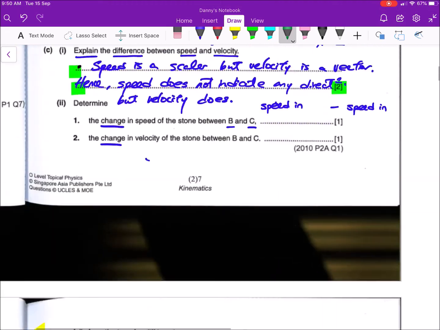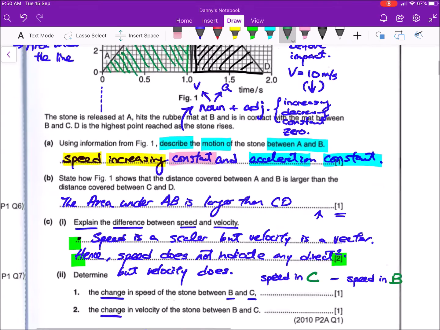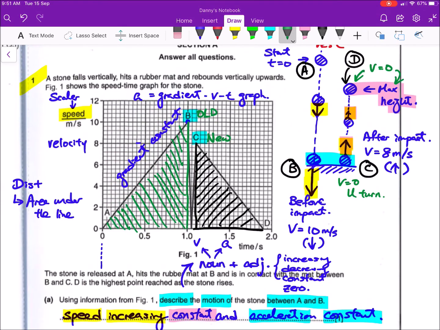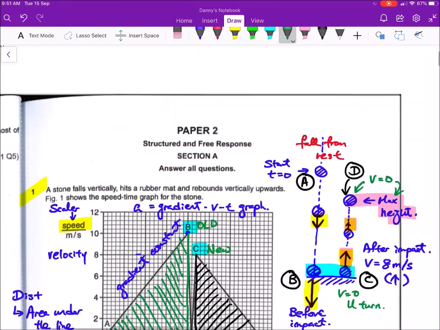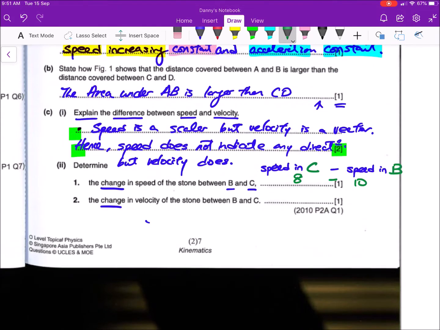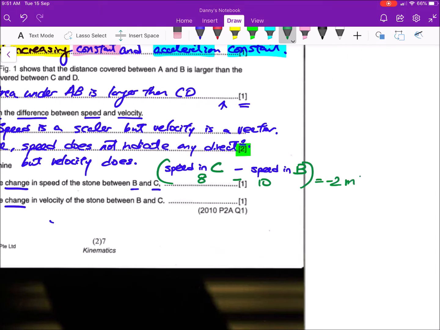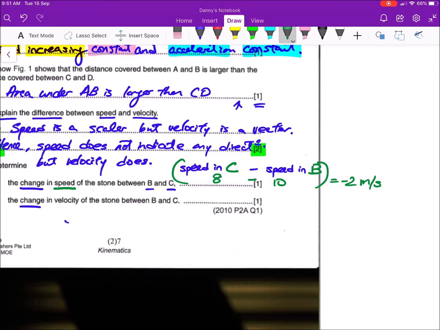So we will do that. Speed in C is 8. Speed in B is 10. So your answer here will be minus 2 meter per second. The change in speed is just 8 minus 10 equals minus 2.